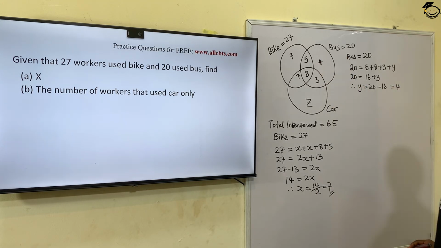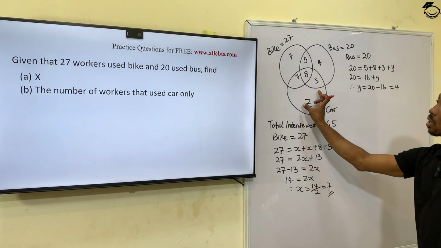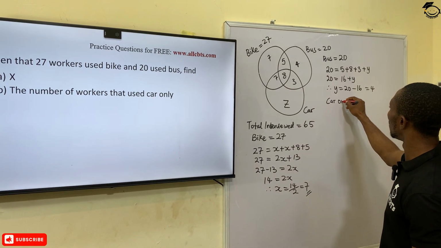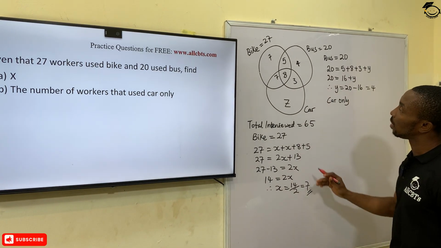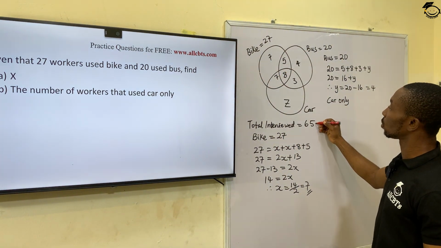Having y as 4, now we can calculate those that used car only. Car only would be the summation of all those numbers equal to the total.